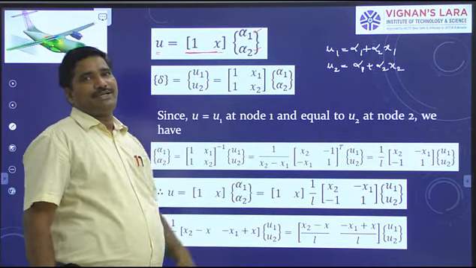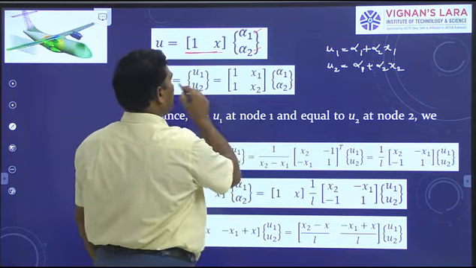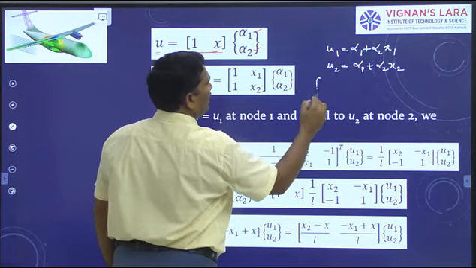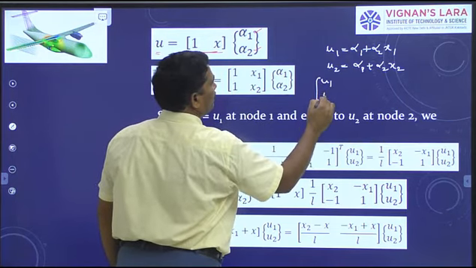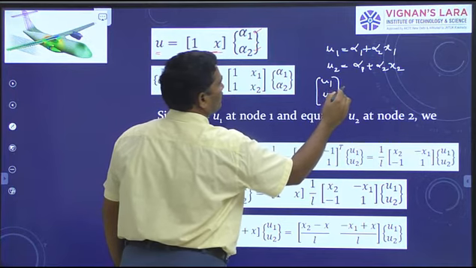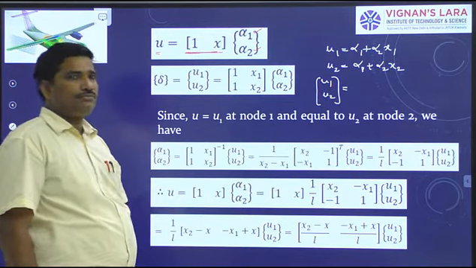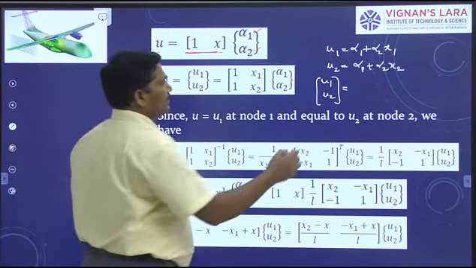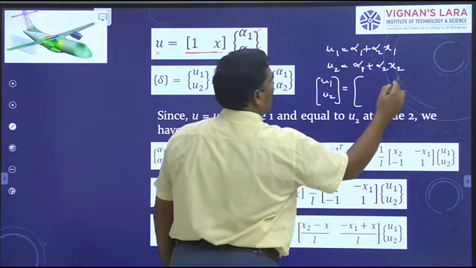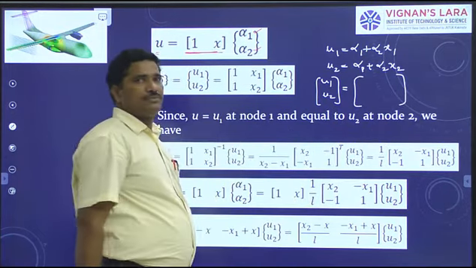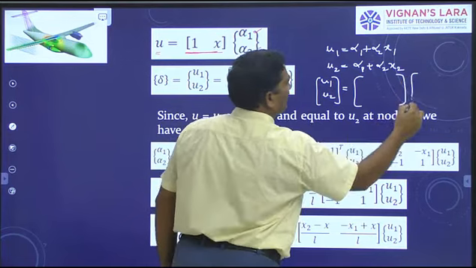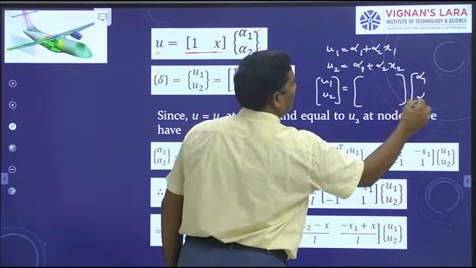These we can write in matrix form. How? Like this. See here. A column matrix having the elements u1 and u2 equals, okay? Now, a 2 by 2 matrix into a column matrix having the elements alpha 1 and alpha 2.